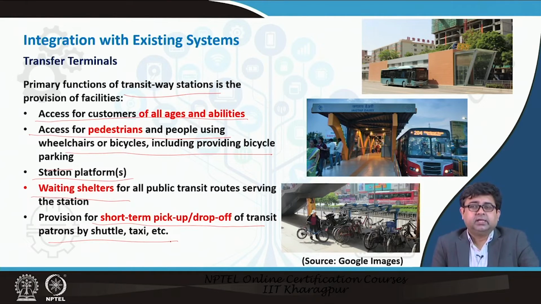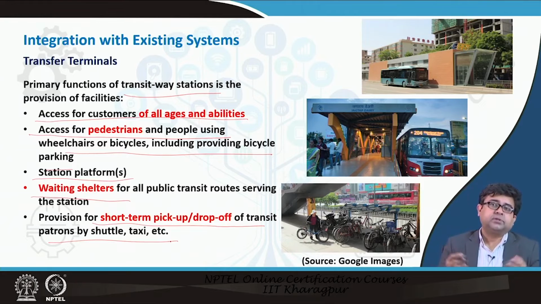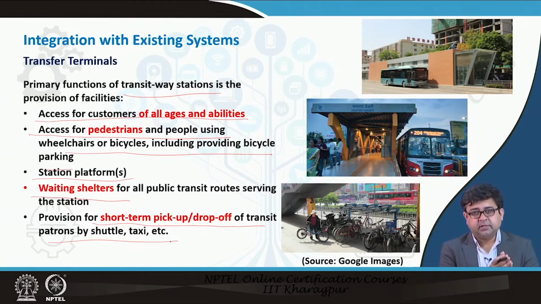That usually does not serve the purpose of urban public transportation, because you are still making part of your trip by a private vehicle or a single occupancy vehicle. So, it is not fulfilling the sustainability that we are trying to achieve in urban transportation.